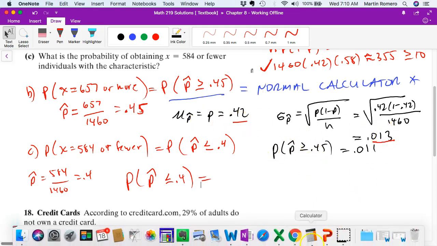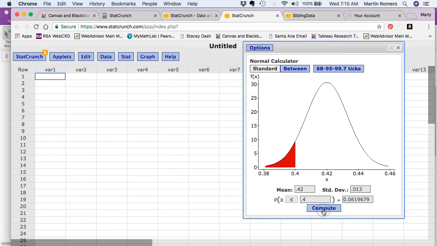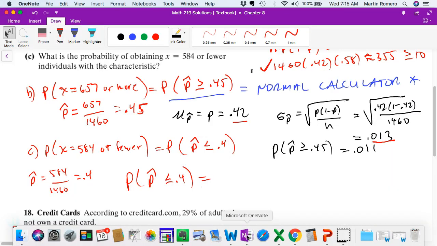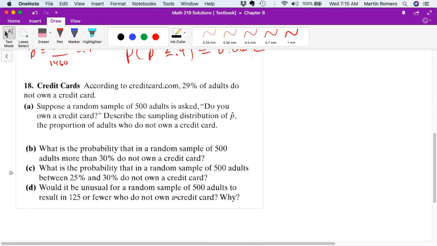There it is, and so our answer should be 0.062. So the probability is 0.062.